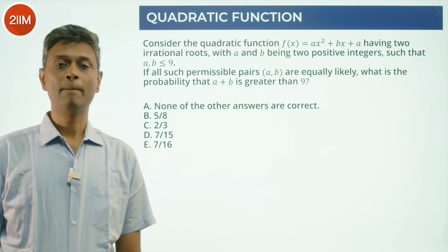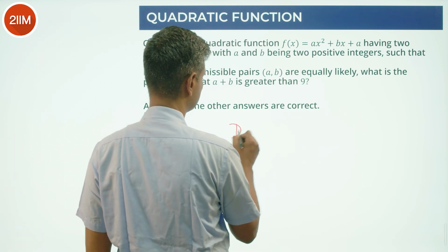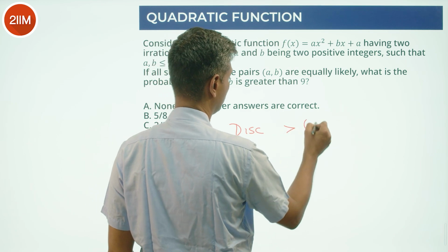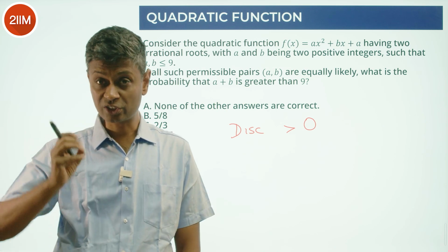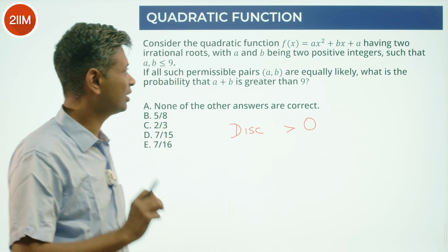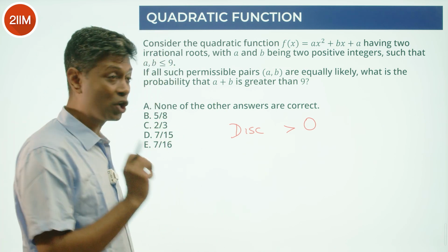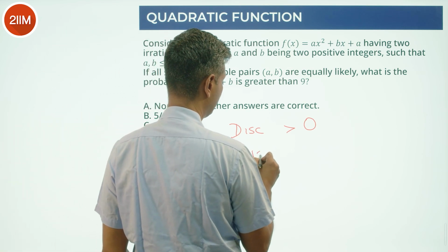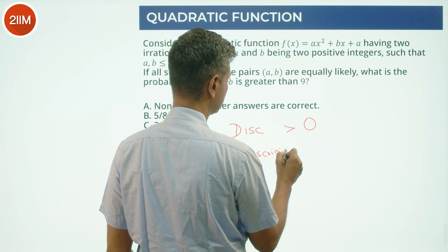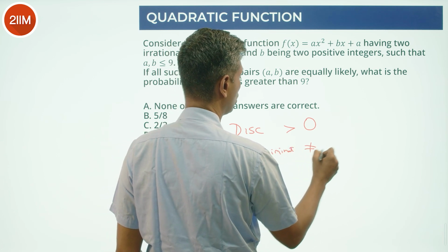That means my discriminant is greater than 0. Otherwise, I won't have 2 distinct real irrational roots. Right? That's the first step. Not just that, because it is irrational, I can say my discriminant is not a perfect square.